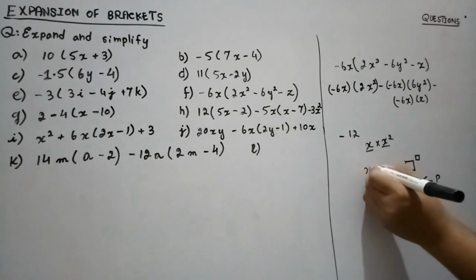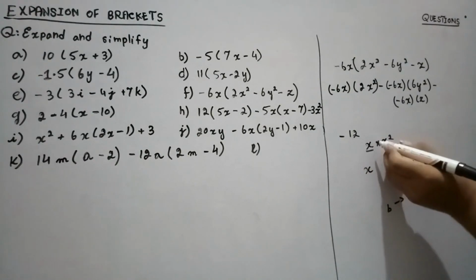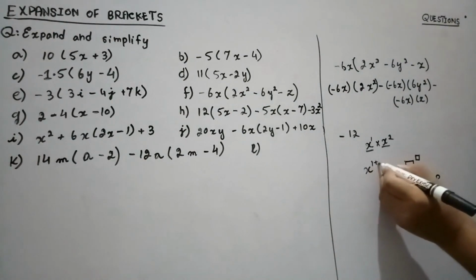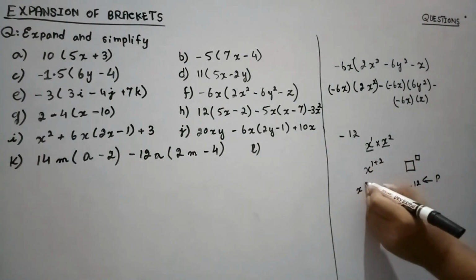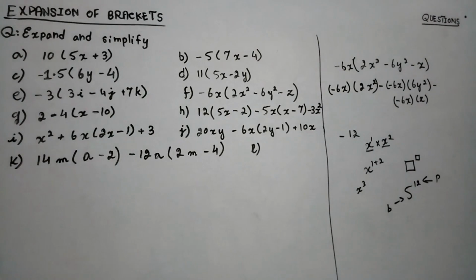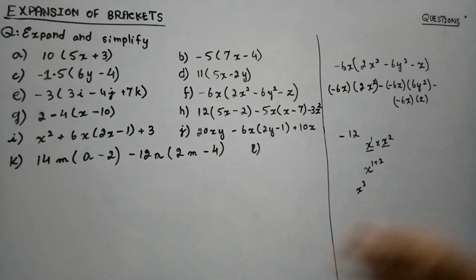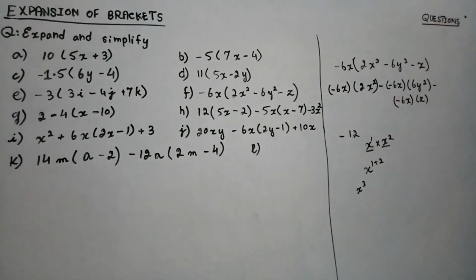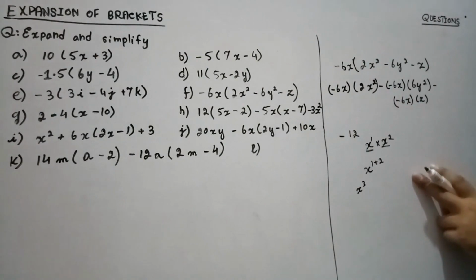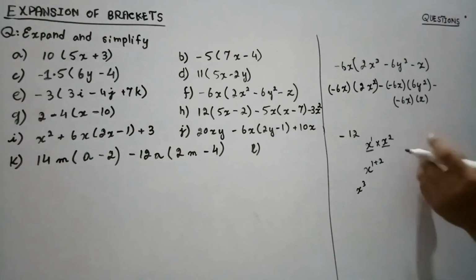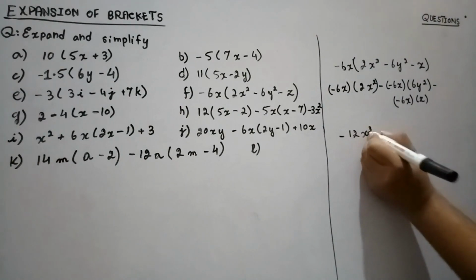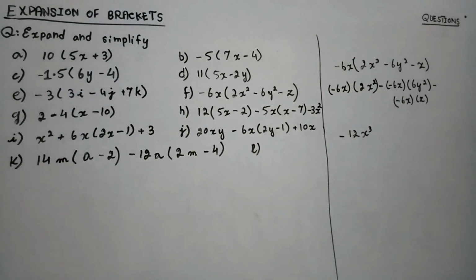I will write x once, and since we have nothing in the power, I will consider 1. So adding the powers 1 plus 2, it will be x raised to power 3. Are you getting this point? So 6 2s are 12, and x and x square multiply to give x cube. So I can write x cube instead of x and x square.